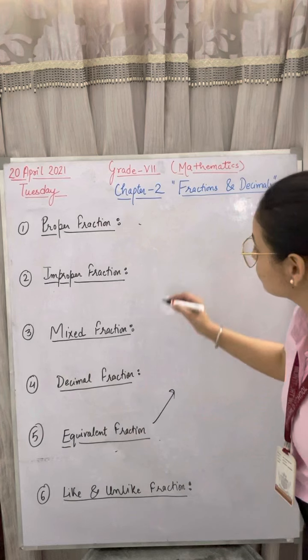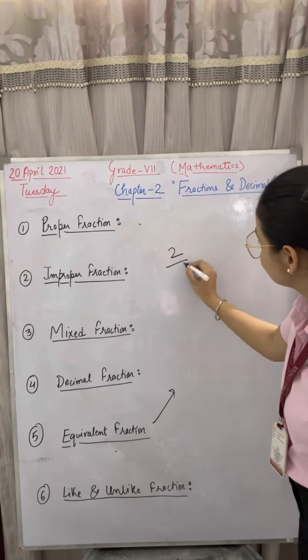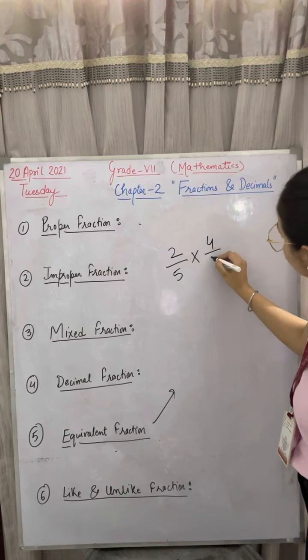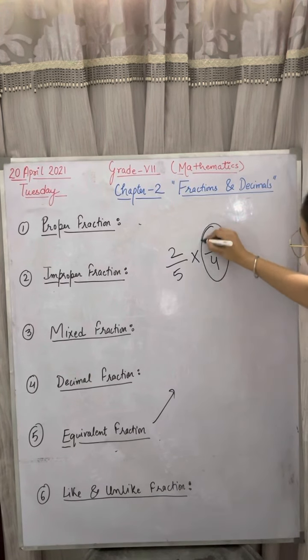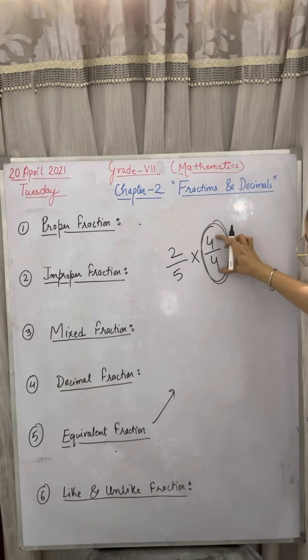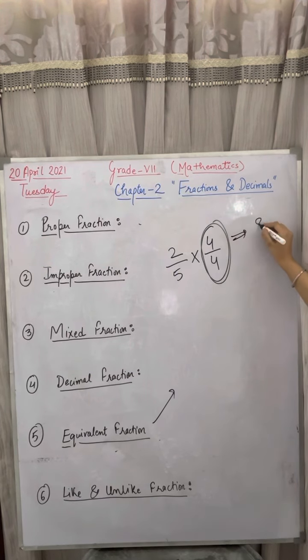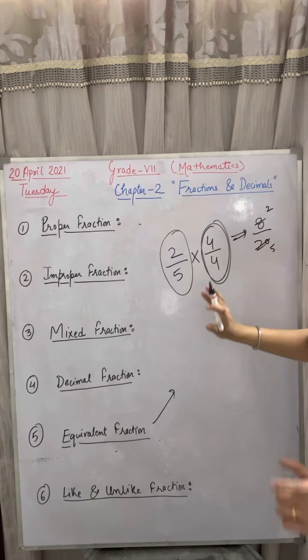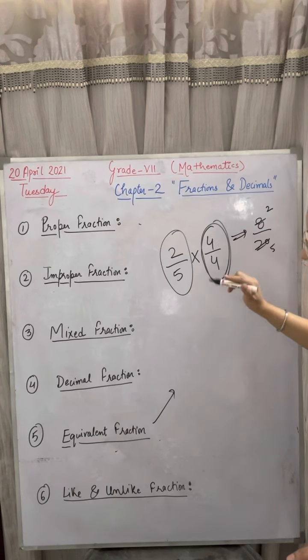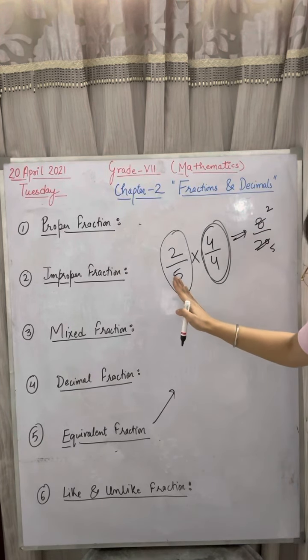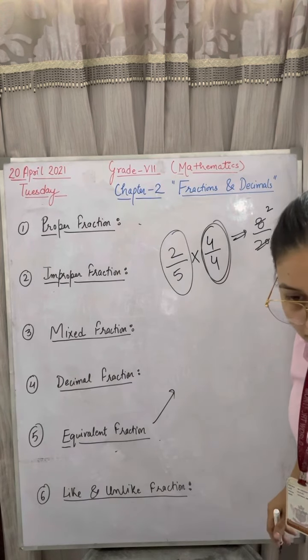When we multiply or divide by the same number both the numerator and denominator, we get the equivalent fraction. Yes, when we multiply and divide by the same number, we get this answer. Suppose 2 4s are 8 and 5 4s are 20. If I cancel on the 4 table, again my answer will be 2 by 5. There will be no change in the fraction. If I multiply and divide by the same number, there is no change in the fraction. Very nice, Hazel.